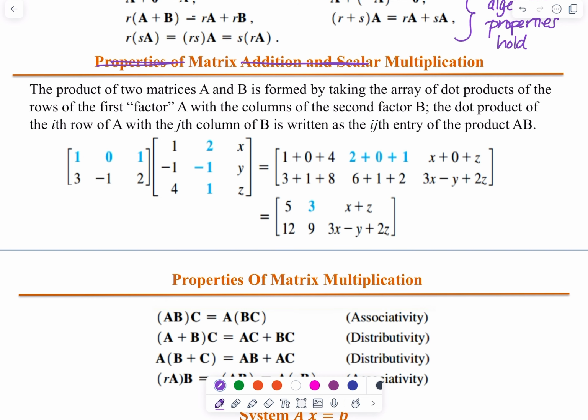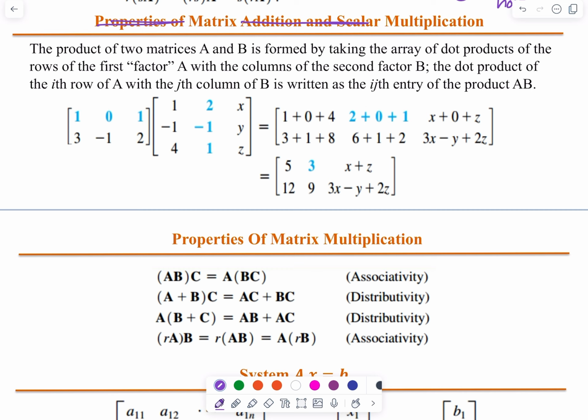The product of two matrices A and B is formed by taking the array of the dot products of the rows of the first factor, and I've got them here in blue, with the columns of the second factor B. For this entry right here, we will use the first row and the second column, and we will multiply 2 times 1 to come up with the 2.